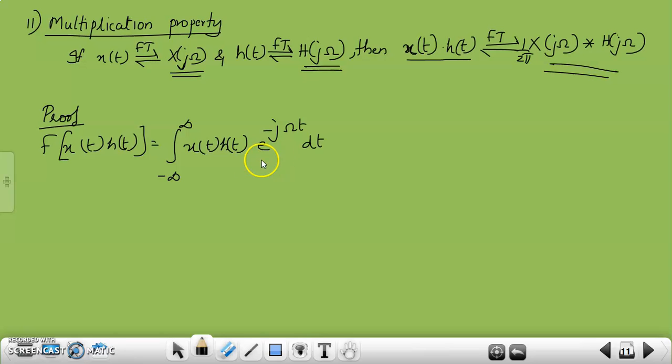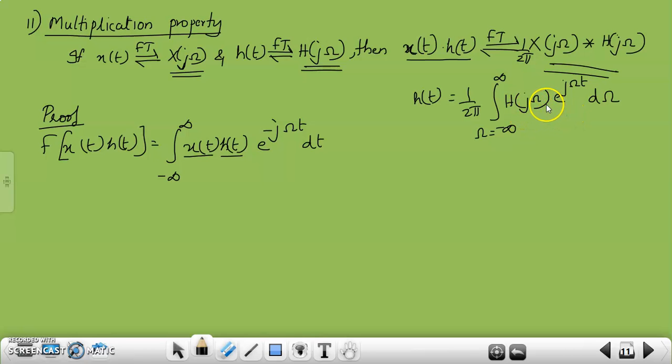I know that h of t is transformed to H of j omega. Therefore I can write h of t as 1 by 2 pi integral over omega from minus infinity to infinity of H of j omega e raised to j omega t d omega. This is the expression corresponding to h of t according to the inverse continuous time Fourier transform.